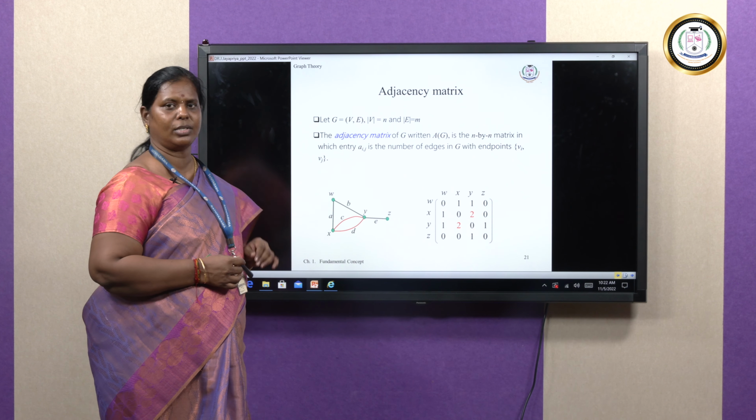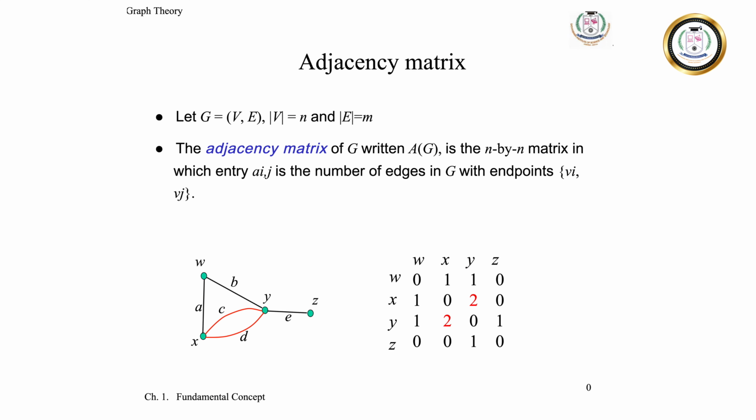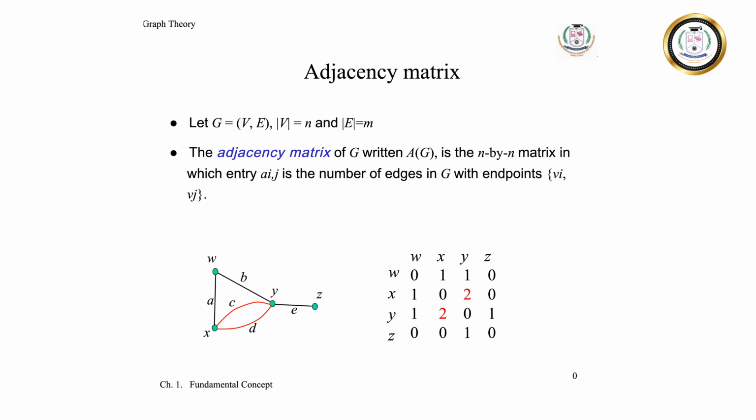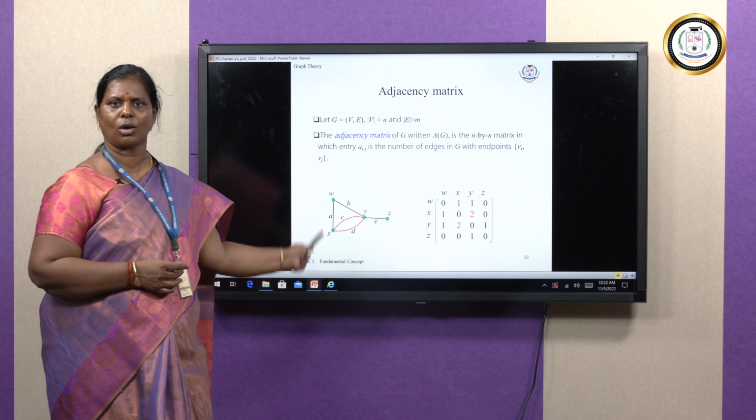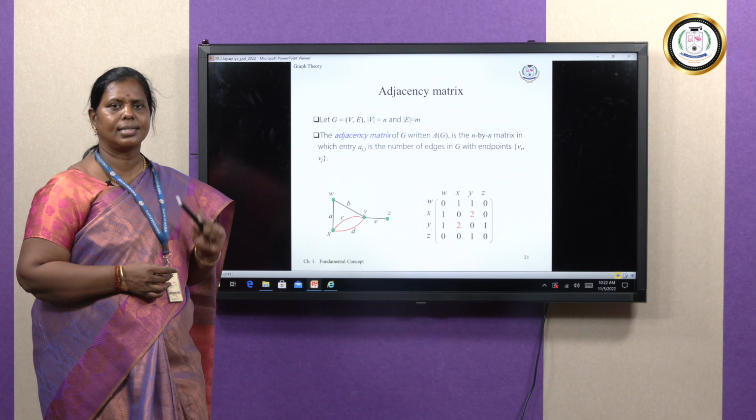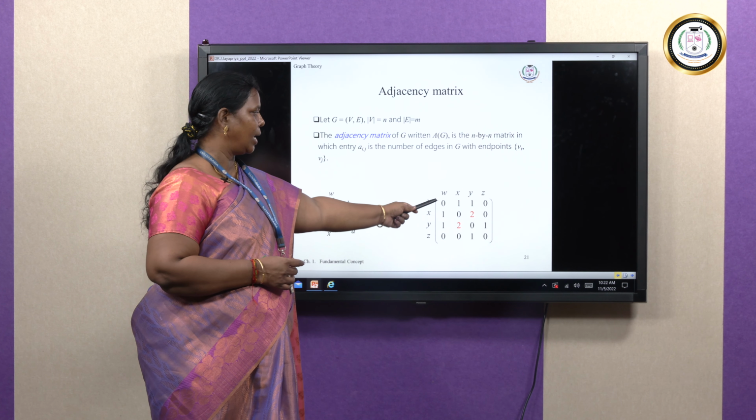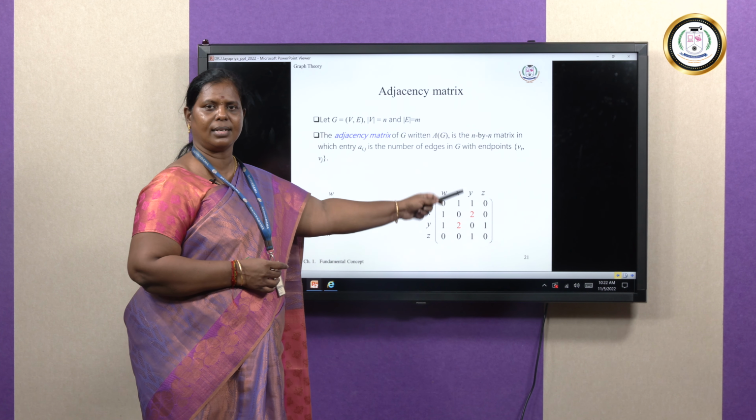No. So, we mark 0. Then W and X, are they connected? Yes. How many edges are there? There is only a single edge. So, we mark a 1. And similarly for W and Y, and W and Z, there are no edges. So, we mark 0.